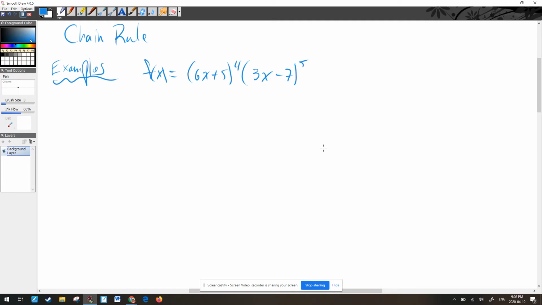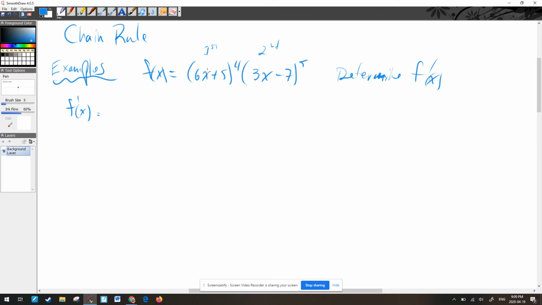And I want to determine f prime at x. Okay, so here we go. So f prime at x. So this is going to be my first, and this is going to be my second. So the product rule says it is the derivative of the first times the second plus the first times the derivative of the second.